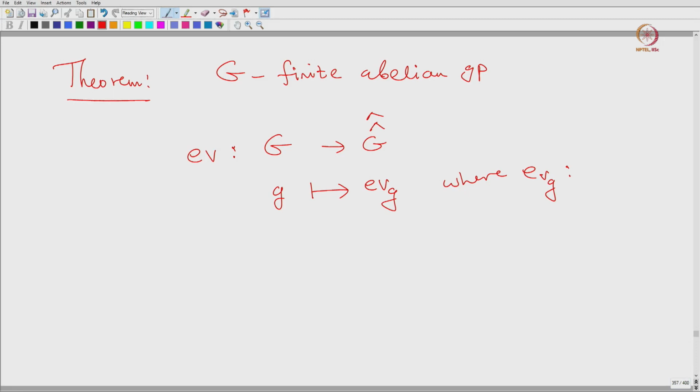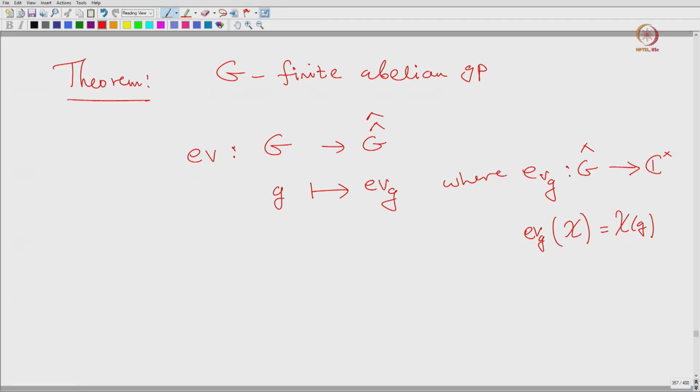So, it is a map from G hat to C cross, where we take some character chi and then evaluate at g. You just take chi of g as the value of the evaluation of g at chi.